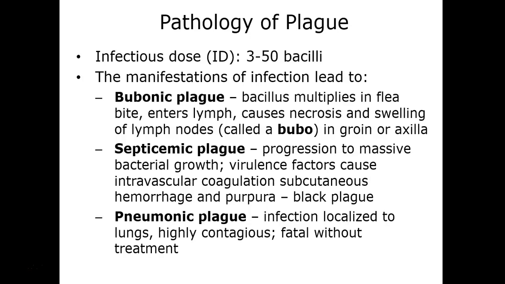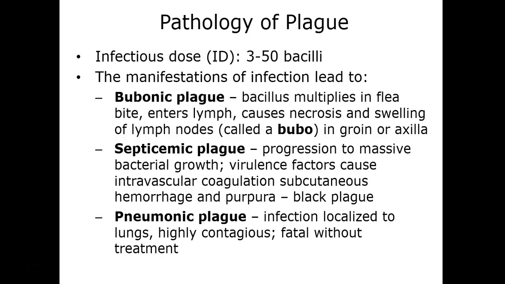Obviously, treatment with this is reducing the rodent population. If we reduce the rodents, that in turn is going to limit the spread. The presence of that capsule and that coagulase enzyme are really important. Again, the capsule helps to reduce the phagocytosis, and that coagulase enzyme, as we talked about, helps in the process of forming those clots.